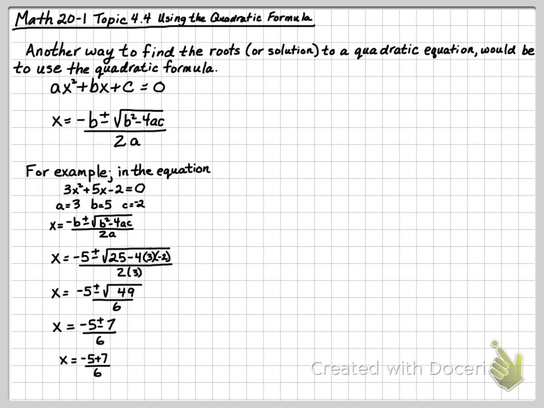Negative 5 plus 7 is 2 over 6, which reduces to 1 over 3. Negative 5 minus 7 over 6 is negative 12 over 6, which is negative 2. Those are our two roots, or two solutions to this quadratic equation. It also means that if we graphed it, those are going to be the x-intercepts. One's going to be at negative 2, and one's going to be at 1/3.